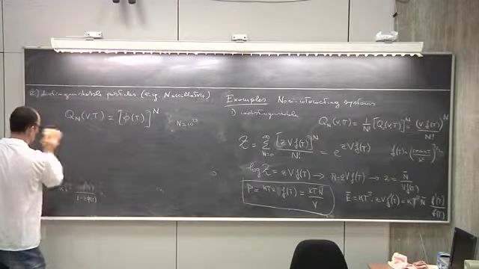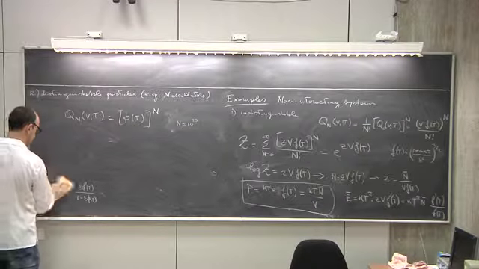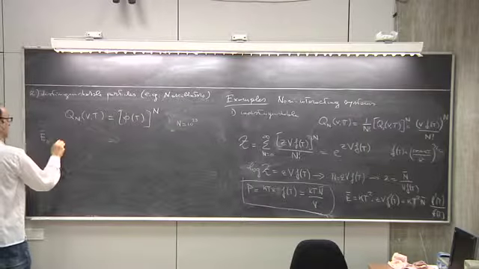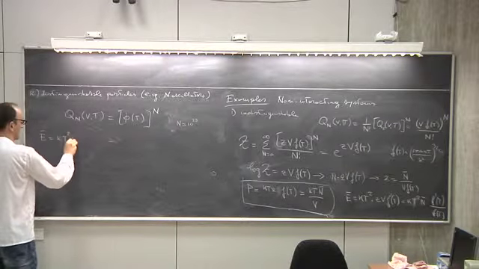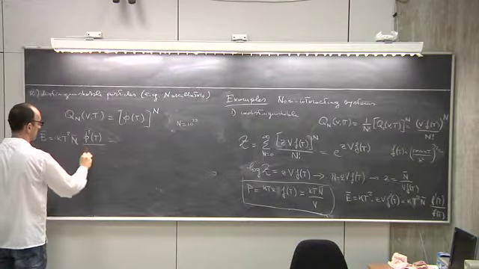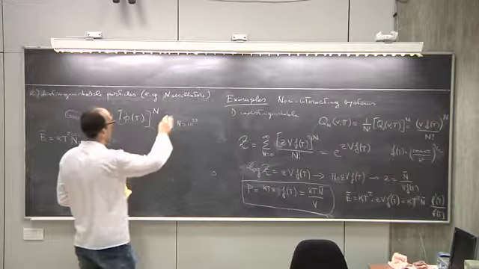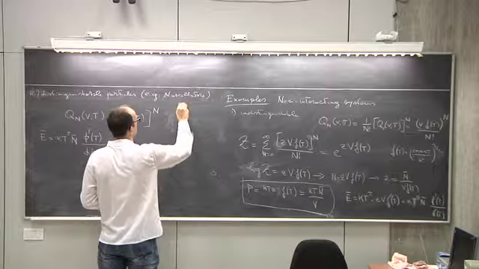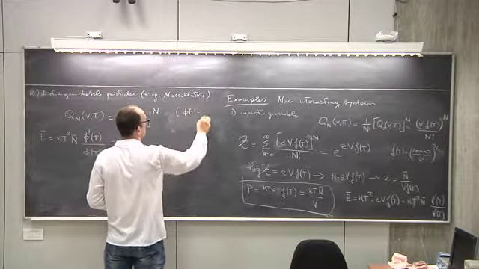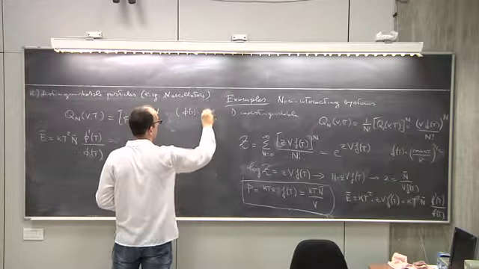Now, we have said that the average energy is equal to kT squared times the average number of particles times phi prime of t divided by phi of t. And so for a gas of classical oscillators, you get that this phi of t, as we have said, is kT divided by h bar omega.